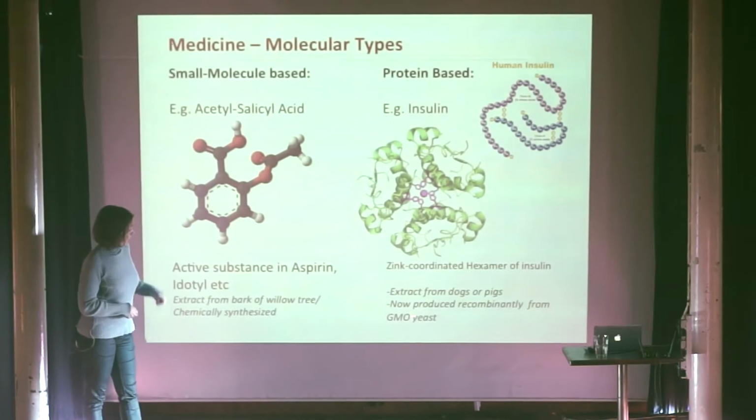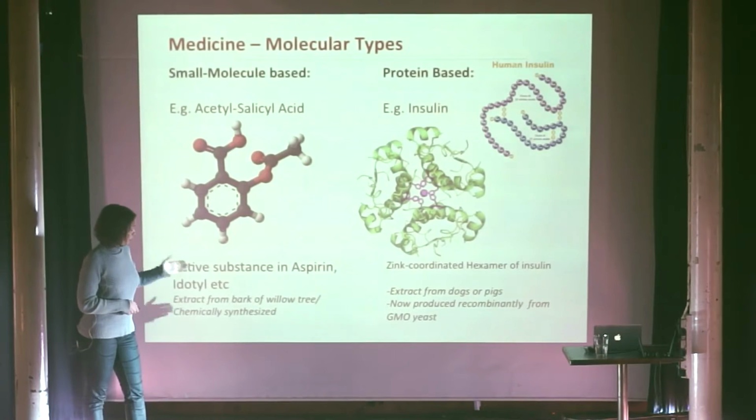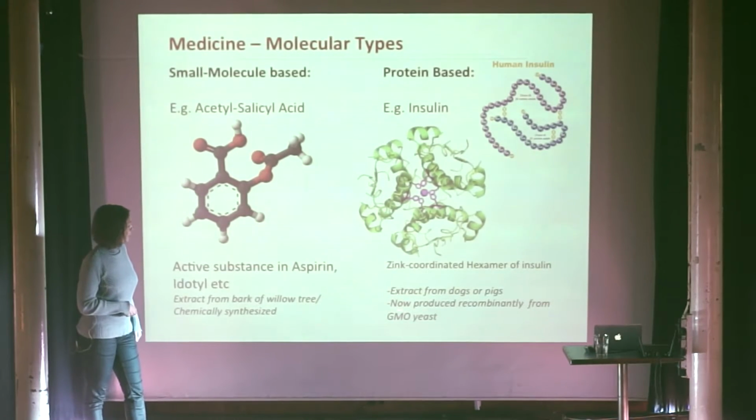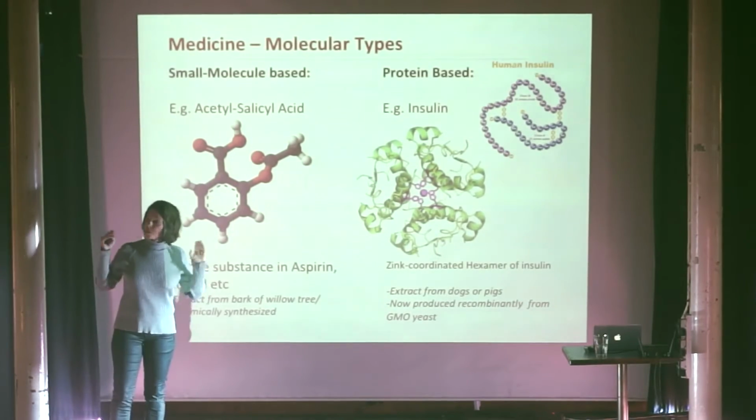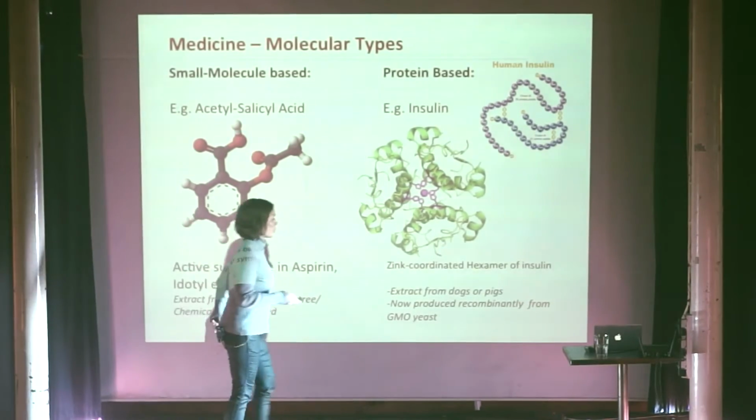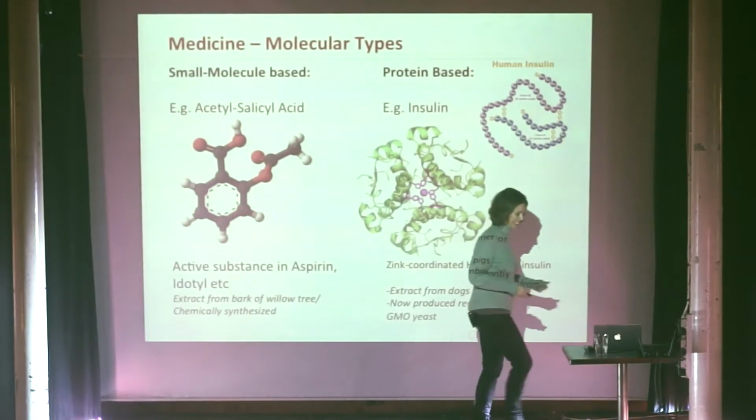So around Second World War and after Second World War, it was found out how insulin could be produced from different other sources, and today it's produced by GMO-modified yeast, and that is really much nicer than killing a whole lot of dogs and pigs in order to produce this.